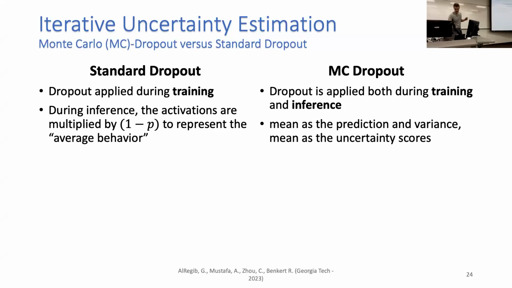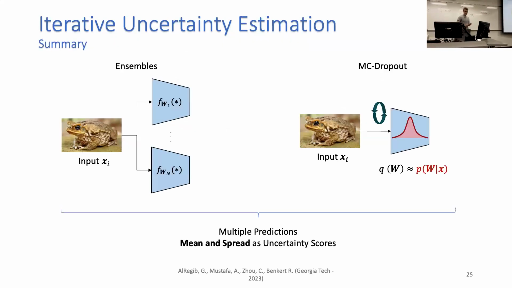Nice. Okay, so I just presented these two different major versions of iterative uncertainty estimation. And these are frequently used in practice because they are very reliable. This one is very, very simple to implement.